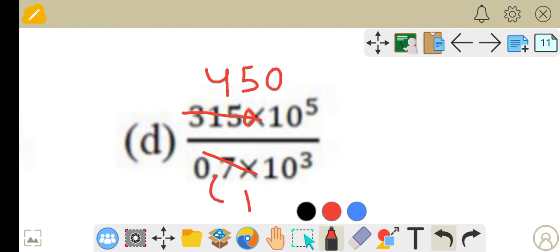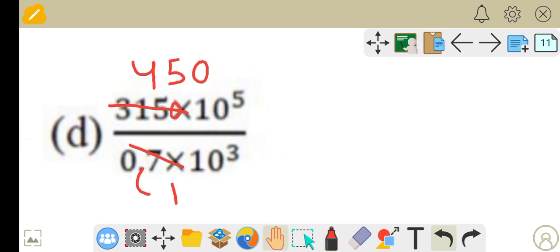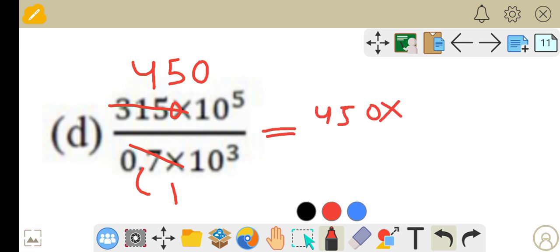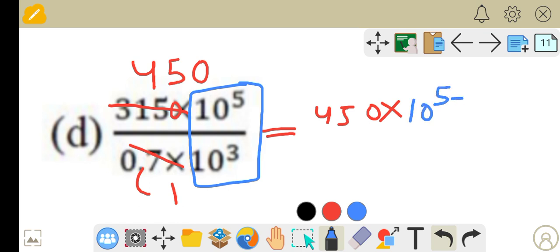So overall we have 450 into 10 to the power 5 divided by 10 to the power 3. Now we have a rule: when our base is the same and in the case of division, we need to subtract exponents, so it will be 10 to the power 5 minus 3. So overall we have 450 into 10 square. This is your given number.